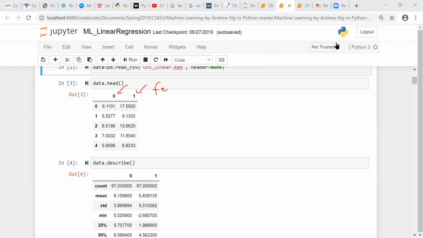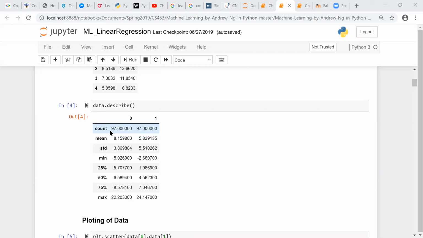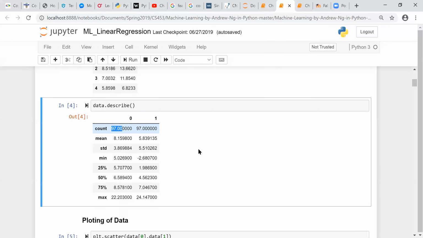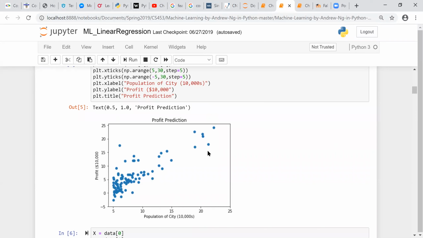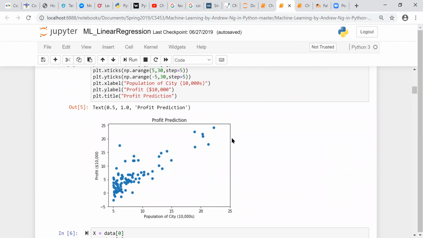These are the samples. We read the CSV to get the data. It shows us a number of rows, so nothing new here, and describe gives the general information. In total, we have 97 data points.